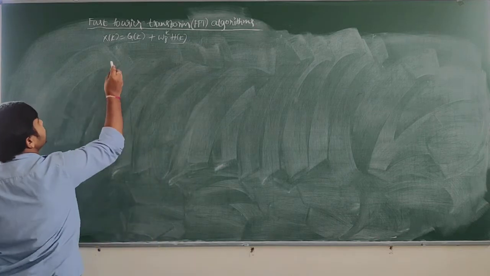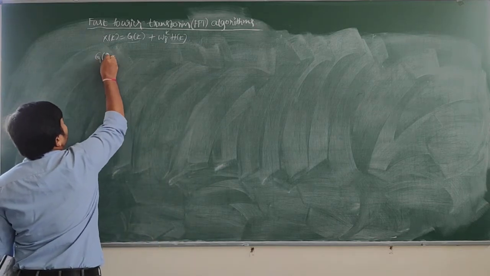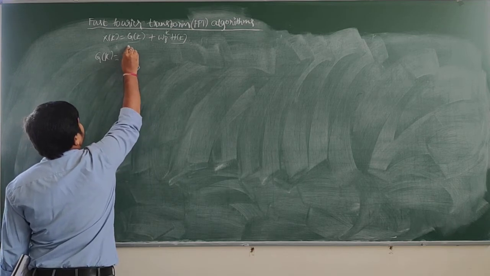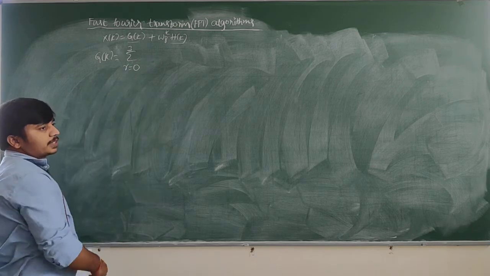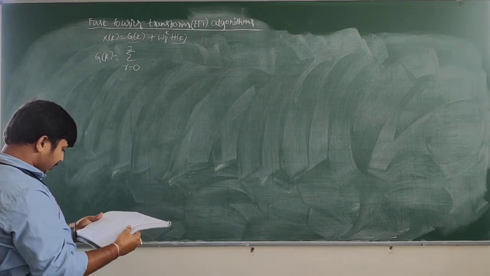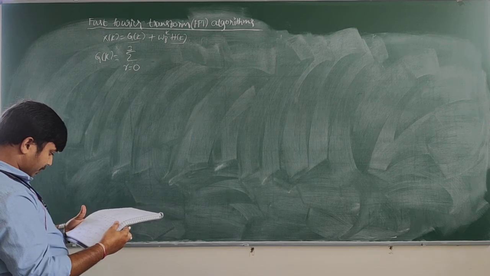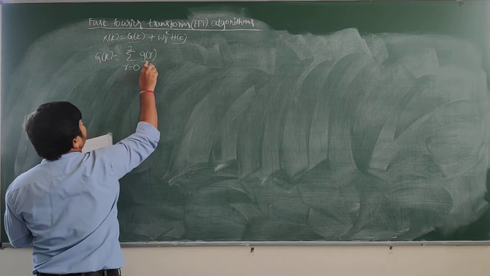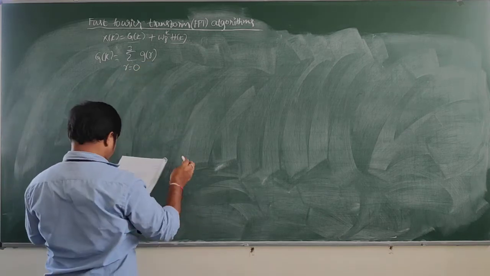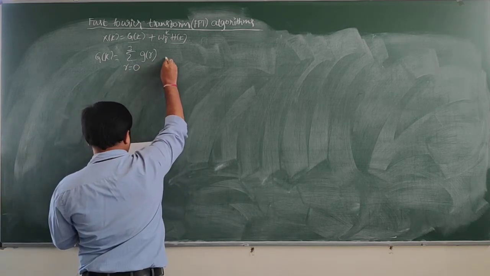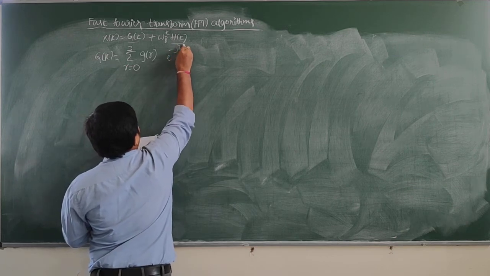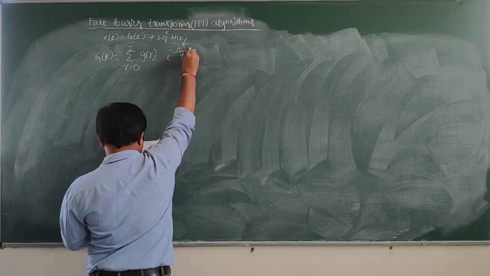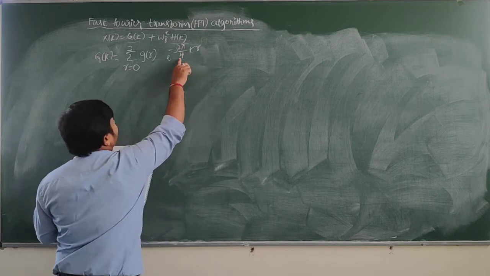So take this g of k. g of k can be written as summation r is equal to 0 to 3 of g of r, in place of n I am taking r, into e power minus j 2 pi by 4 into kr. Why 4 here?